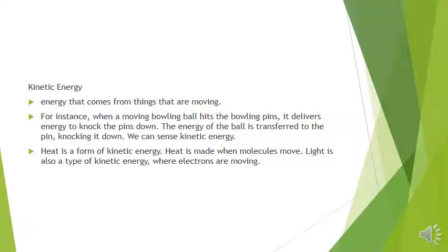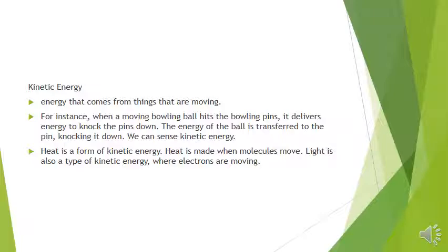Kinetic energy, it's when things move, they will have energy. For instance, when a moving bowling ball hits bowling pins, it has energy. The moving bowling ball has energy. And when it hits the pins, it transfers that moving energy to knock down the pins. We know that kinetic energy is taking place.